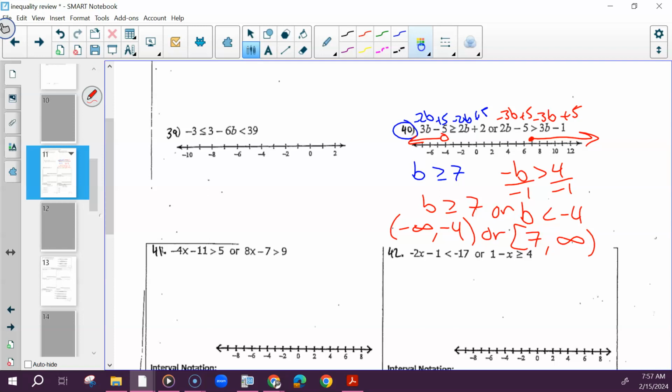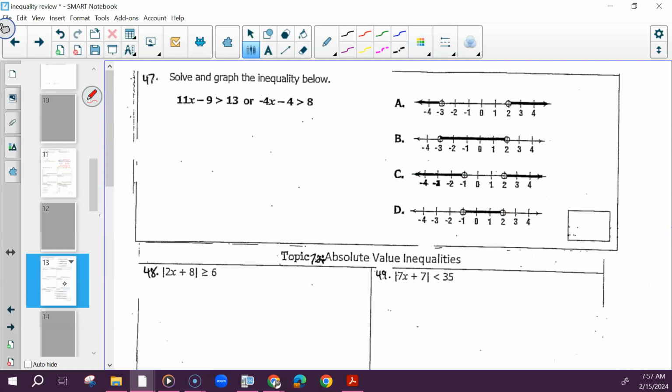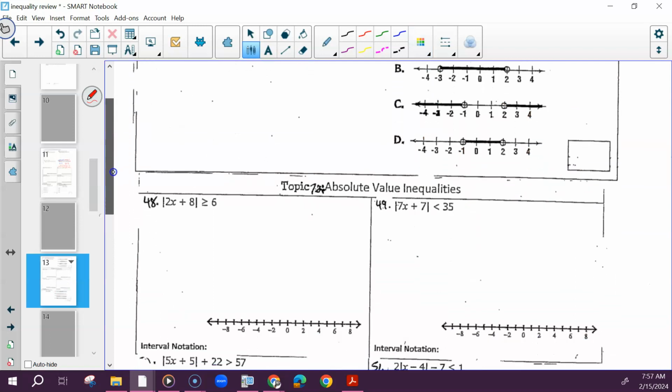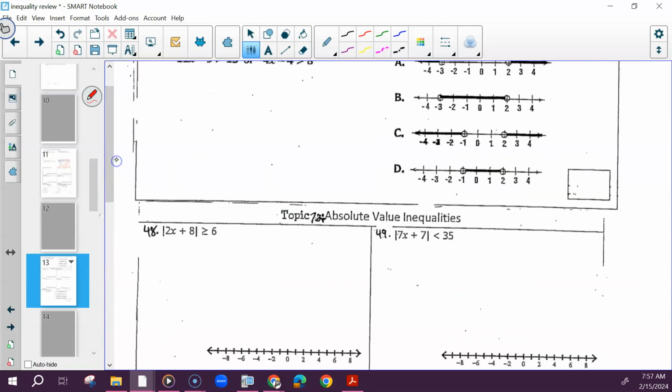Okay, go on to page 7. Now, some absolute value inequalities. Any of those we want to go over, have questions about? Page 8.